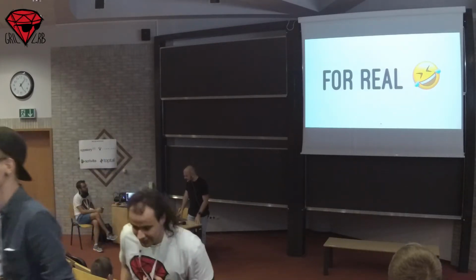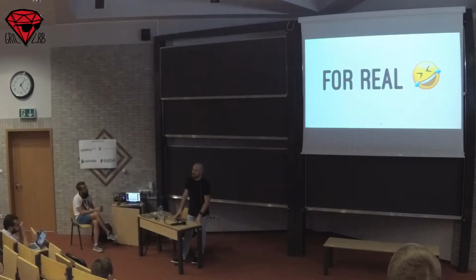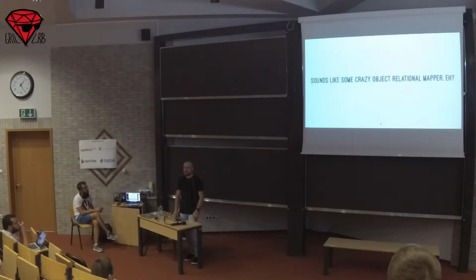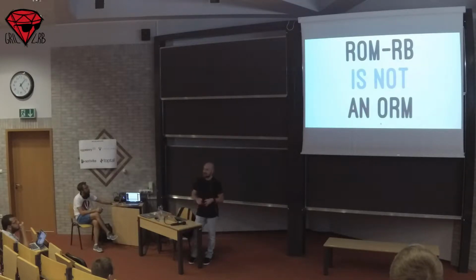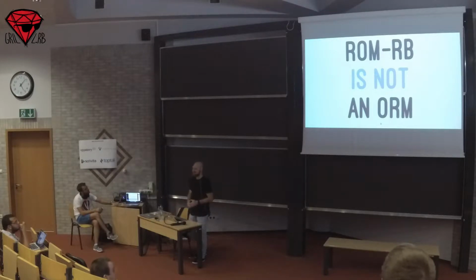And since it's Ruby, you might be thinking that it's some kind of a crazy object relational mapper. Since it's Ruby, we're using objects, so if we are working with an SQL database, we probably use an object relational mapper. But ROM is not really an ORM. I mean, we have the same letters in the name, but the order is different.